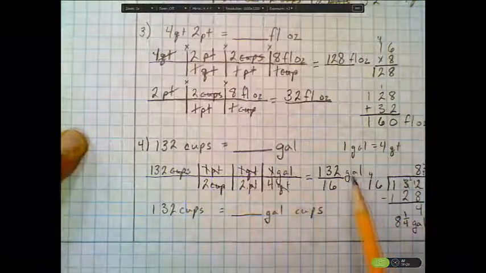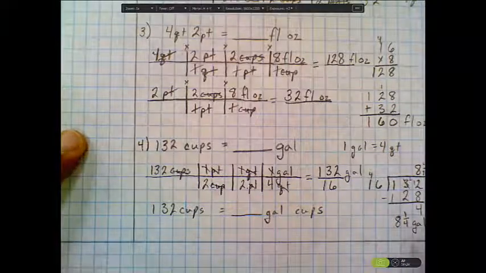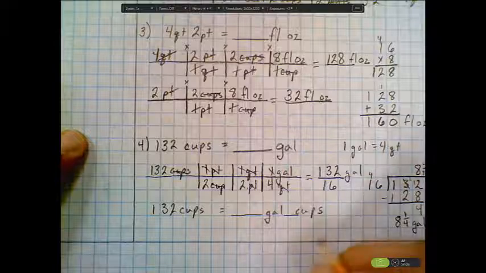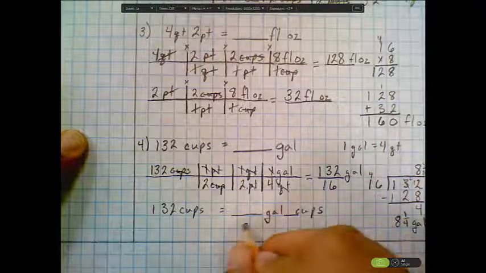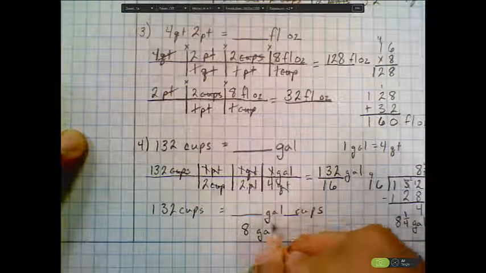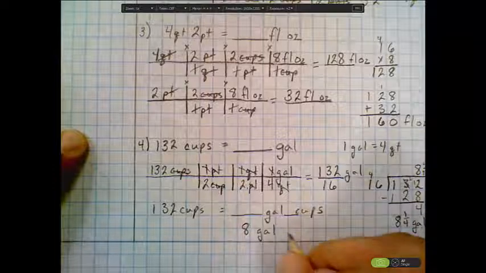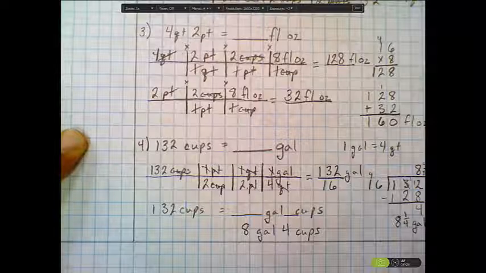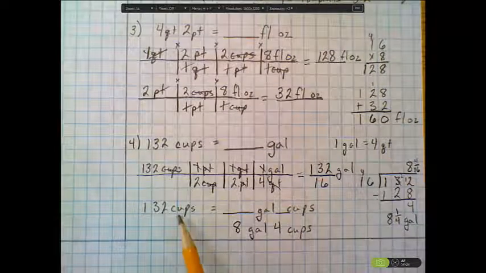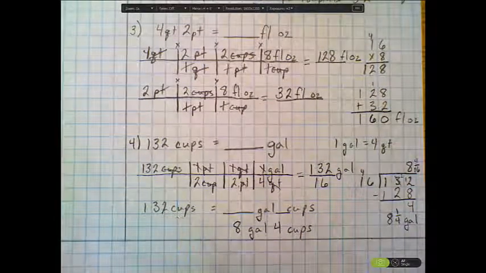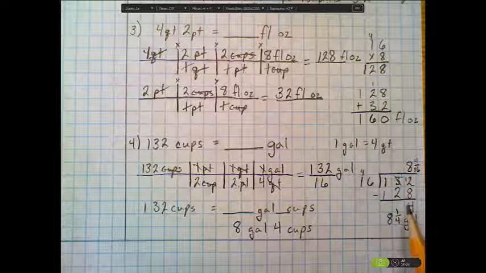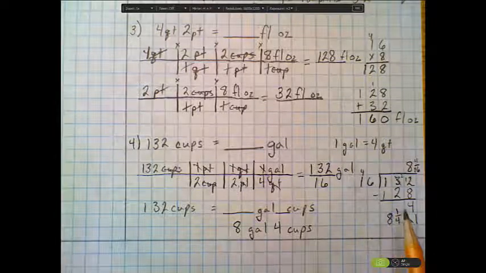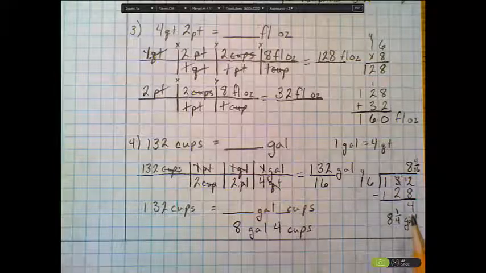We don't have to work out the problem again, okay? But the answer is going to be 8 gallons and 4 cups. So what we know is that when we start off with cups, the remainder is going to be in that same unit that we started with. Since we started with cups, that's going to be a remainder of 4 cups.